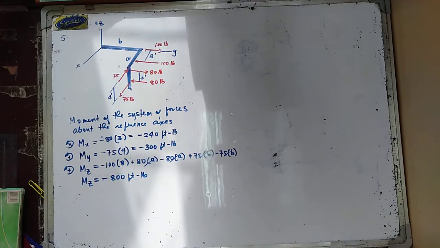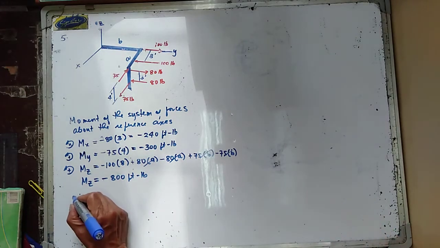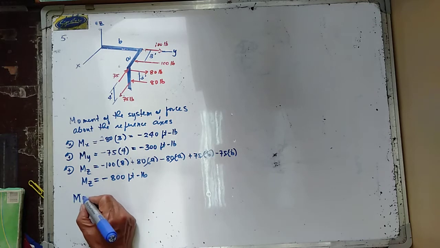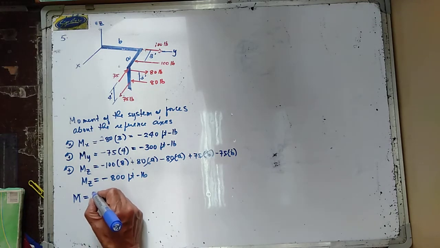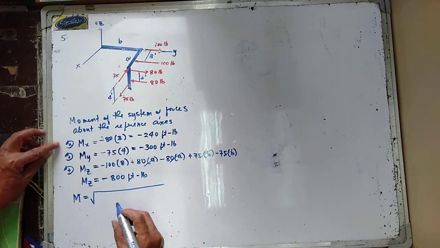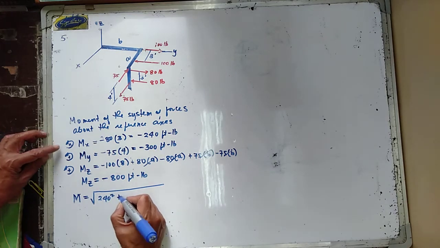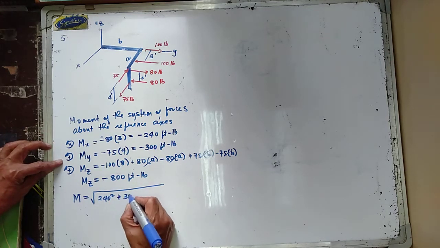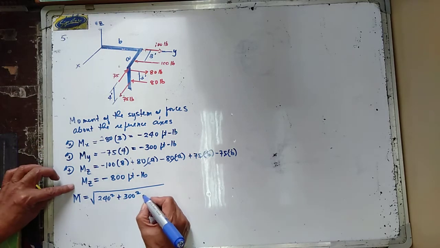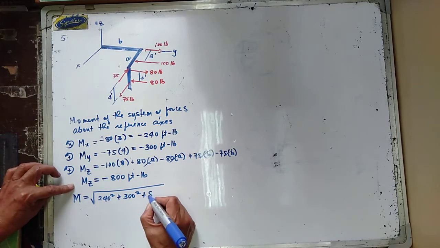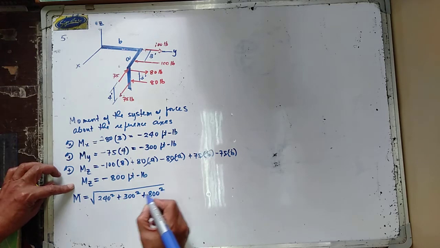Now, let us determine the magnitude of the couple. The magnitude of the couple M is equal to the square root of Mx squared, 240 squared, plus My squared, 300 squared, plus Mz squared, 800 squared.